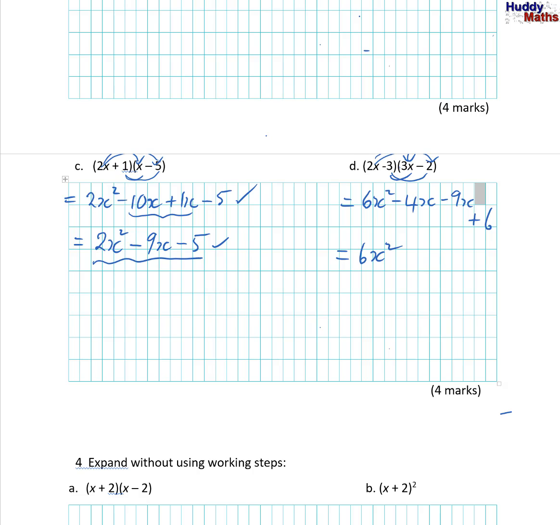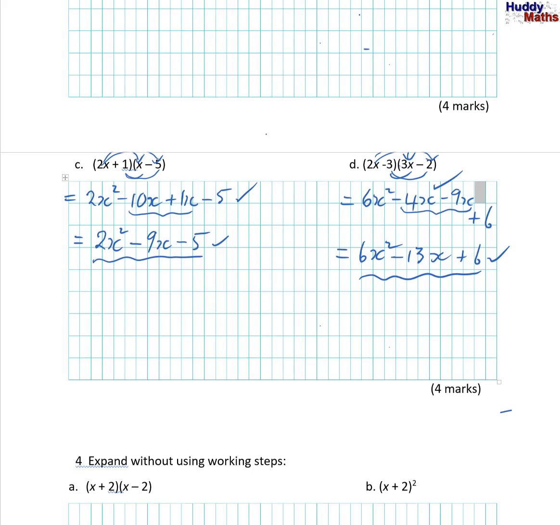And then our negative 4x take 9x, which is negative 13x, all going left down the number line. And then we have our positive 6 at the end. Okay, so there's that one. So what have we got here? We've got 1 mark for that expansion and 1 mark for the simplification, making a total again of 4 for those two parts.